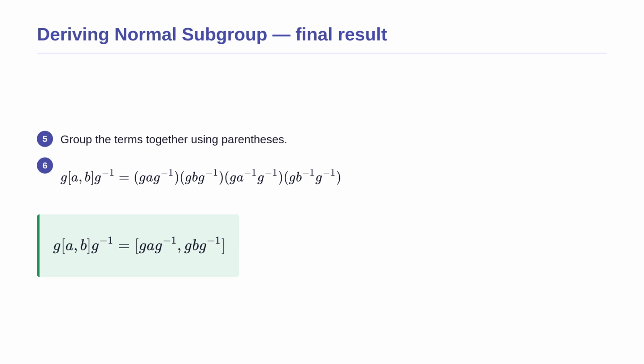It is the commutator of the element GAG inverse and the element GBG inverse. This proves that the conjugate of any commutator is simply another commutator. Because the generators of the subgroup behave this way, the entire generated subgroup is indeed normal. This completes our proof and leads us to our next major concept.